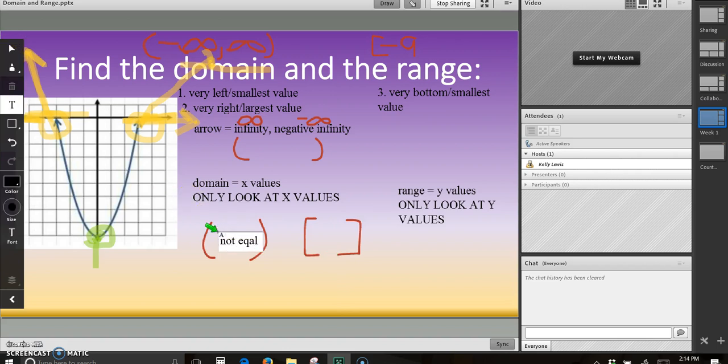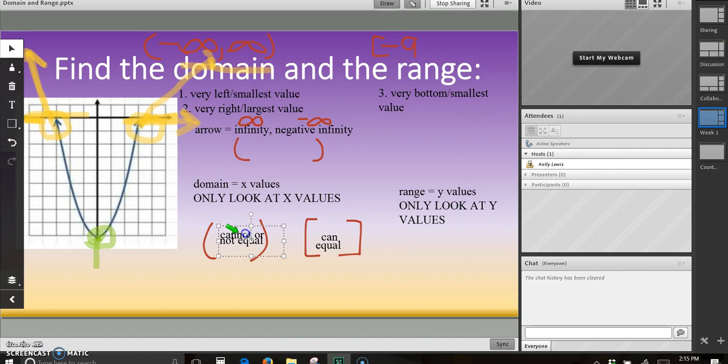Parentheses, not equal. Bracket, equal, or can equal. Parentheses, can't equal, or not equal. And then equal or can't equal.